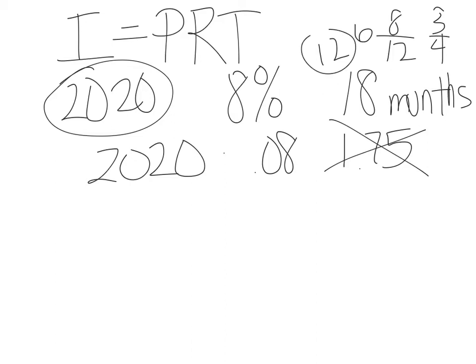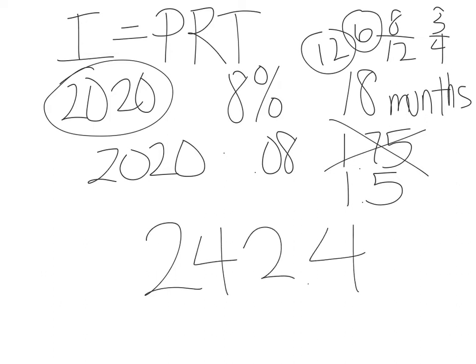So that's 1 whole year and half of another year. So I should have done 1.5. Let's try that again. 2020 times 0.08 times 1.5 equals 242.40. So, if you get one of these with months, make sure you do that, and make sure you do it right.